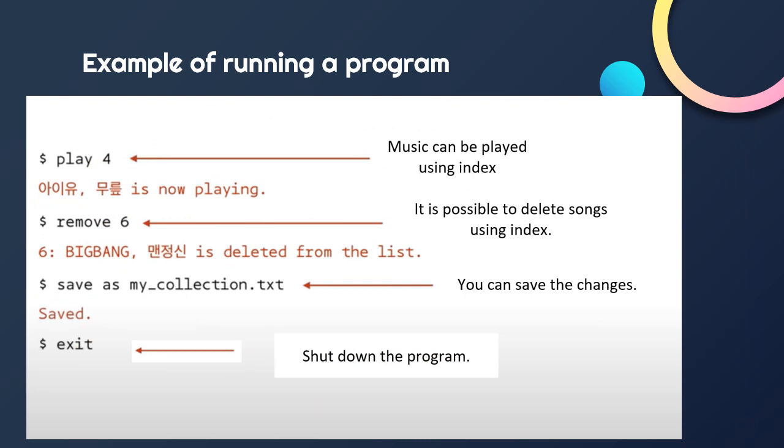This is play. Music can be played using the index, for example play second, fourth. IU is now playing. And remove 6: it is possible to delete a song using the index, and it is deleted from the list.